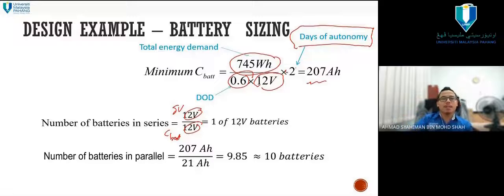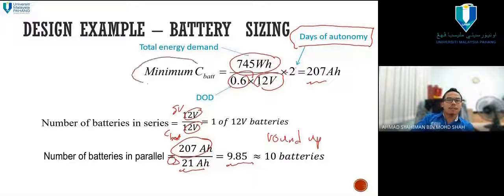And then what about the number of batteries in parallel? This is where the total charge capacity comes in. So 207 over the capacity of the battery that we choose, for this case 21 Ah. So we get 9.85. Same, we round up, because for the standalone case everything is minimum, so everything must be rounded up.